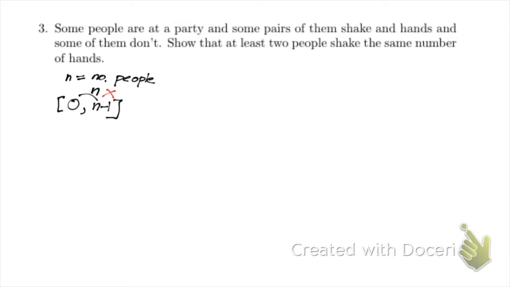So we're going to have to break it down a little bit more, simplify this by breaking it into two cases. So the first case that I'm going to look at is where there is someone who shakes no one's hand.